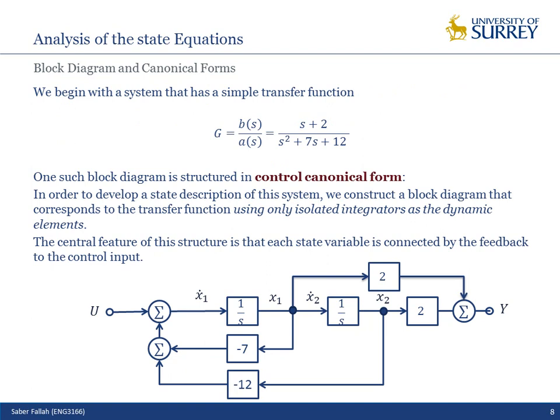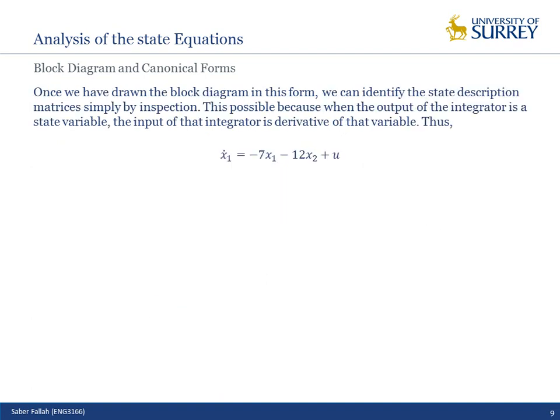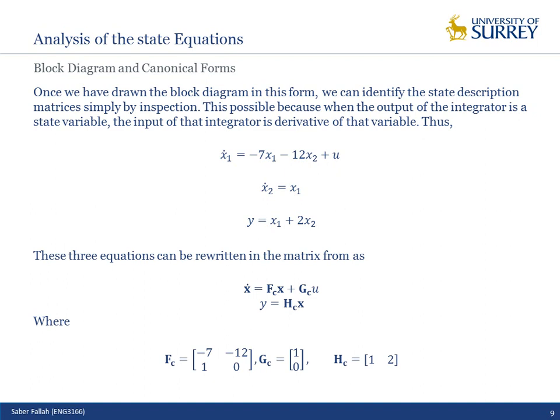So, if this is the case, the highest order of the differential equation is x dot 1 equal to minus 7x1 minus 12x2 plus u. And the rest is given. x dot 2 is equal to x1, and the output is x1 plus 2x2.